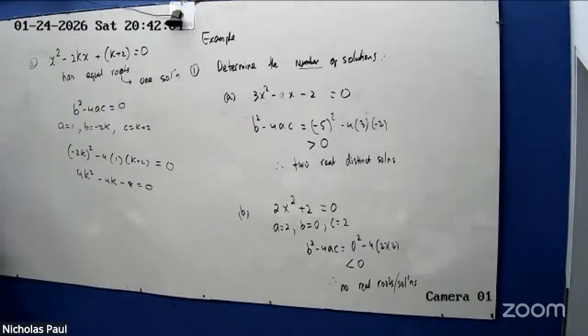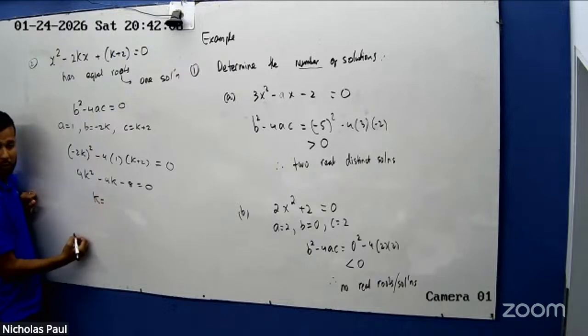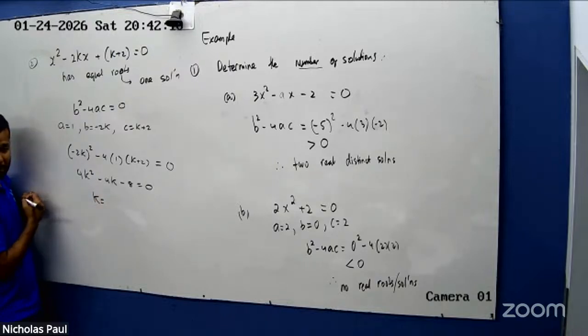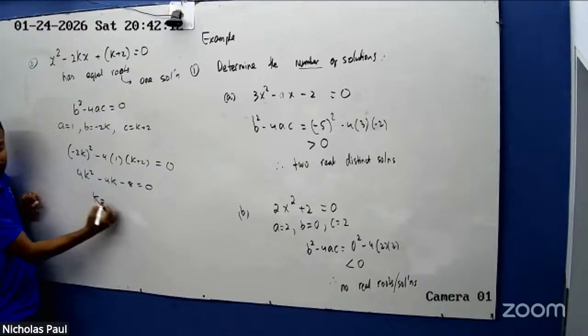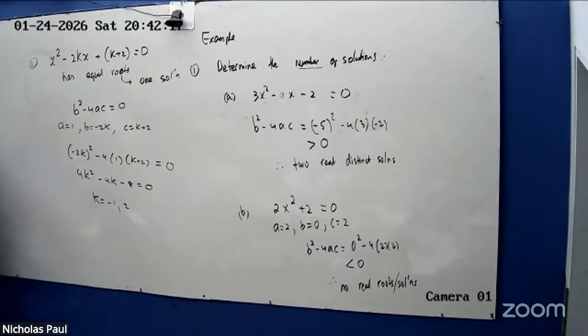Everybody okay with that? Now take your calculator and solve. You get the values for k. Minus 1, and that's it. Those are your values.